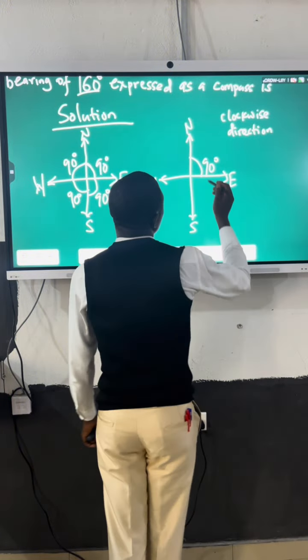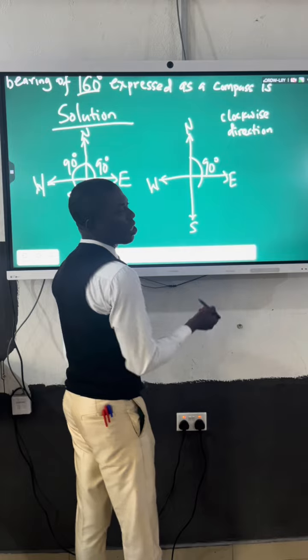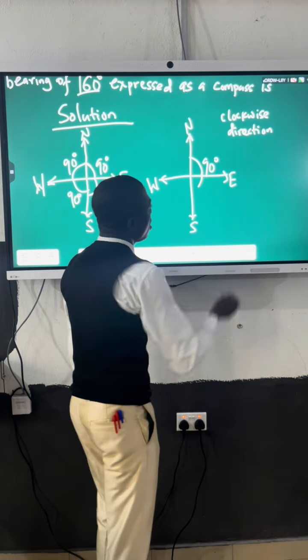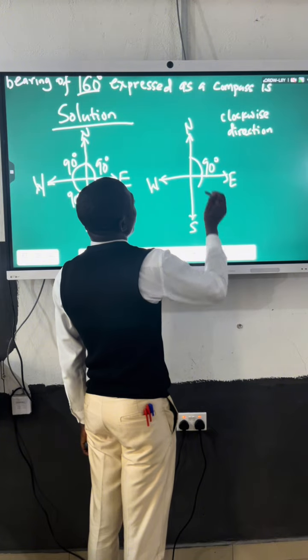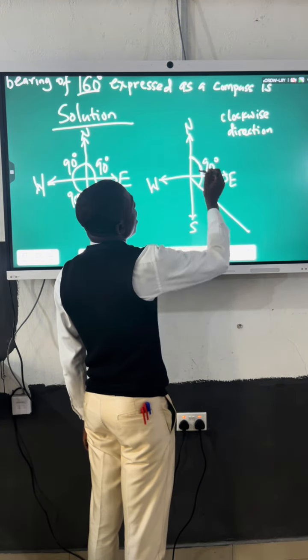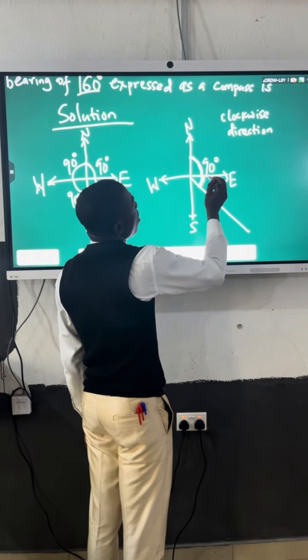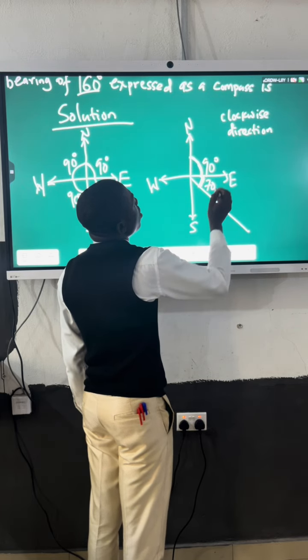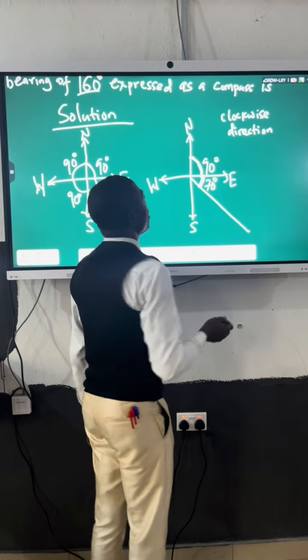You will not complete it to the line leading towards the south, if not, it will give you 180. So you move and enter this second place, and then you draw a line. From here to here already is 90, that means that this place here will be 70, so that by the time you add 90 degrees plus 70 degrees, you get 160.